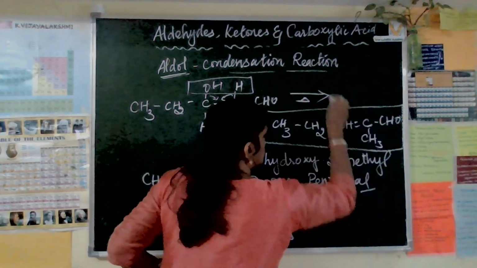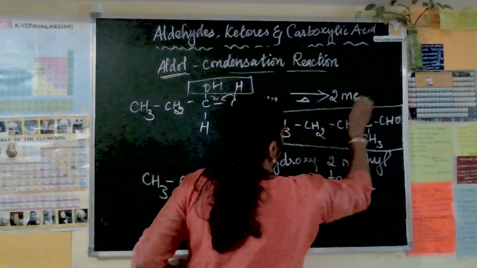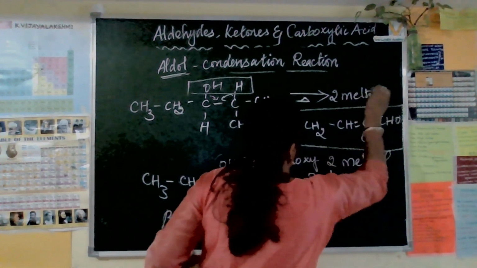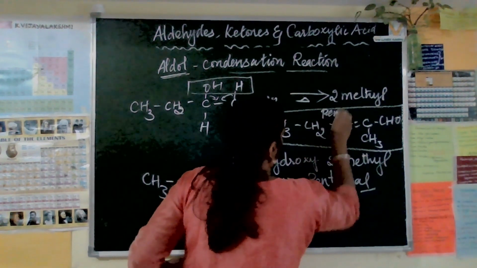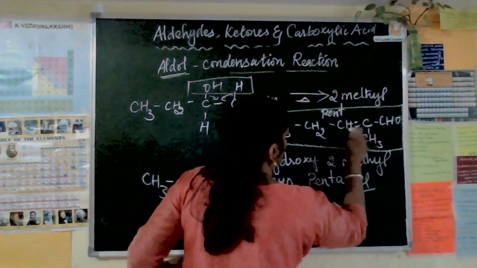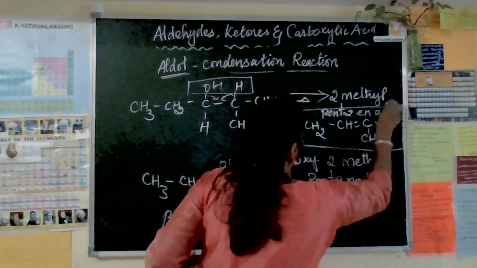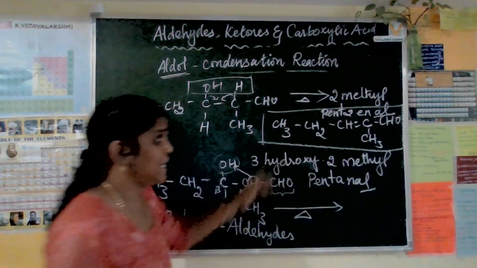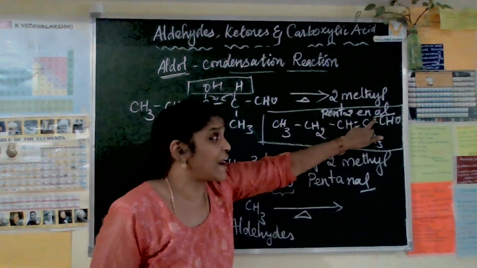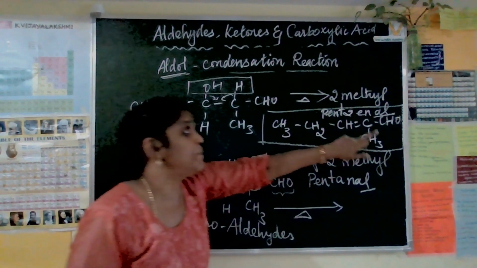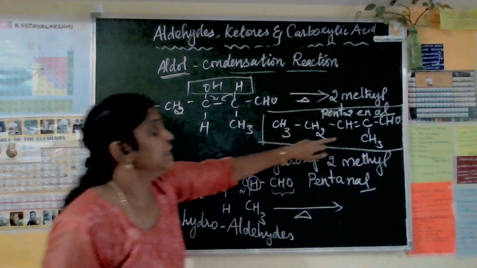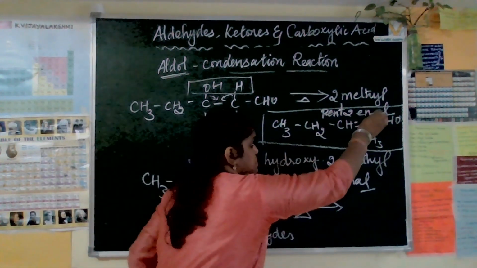So 1, 2, 2-methylpent-2-enal. I just mentioned the underlining point: "al" is meant for aldehyde, and here "ene" also I mentioned.